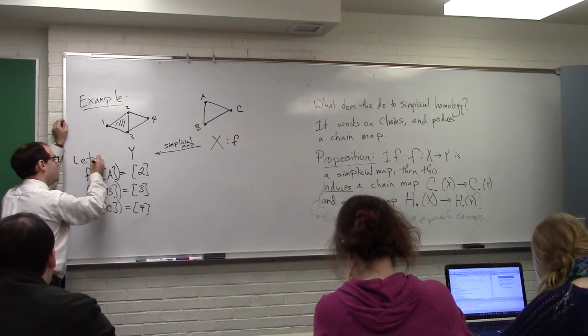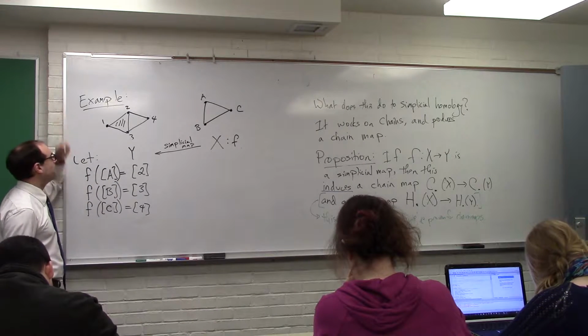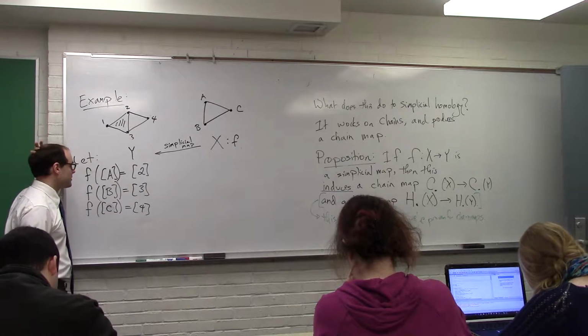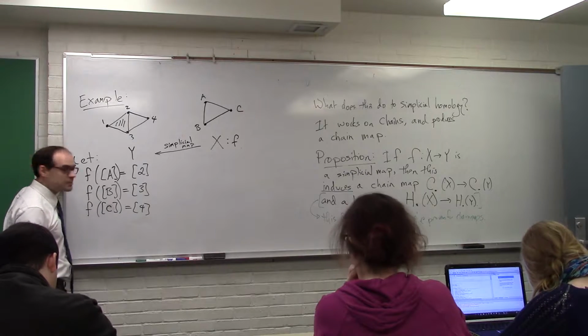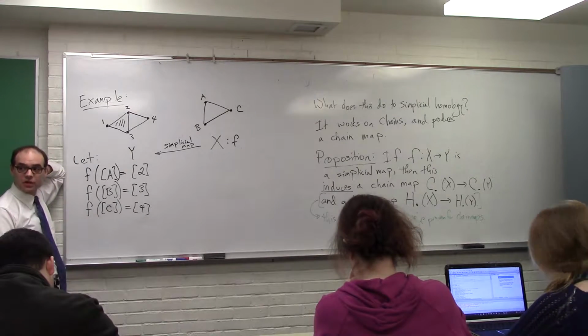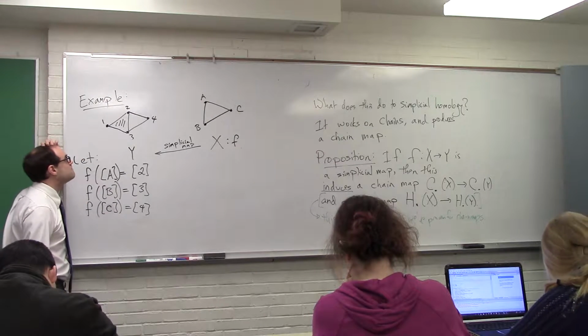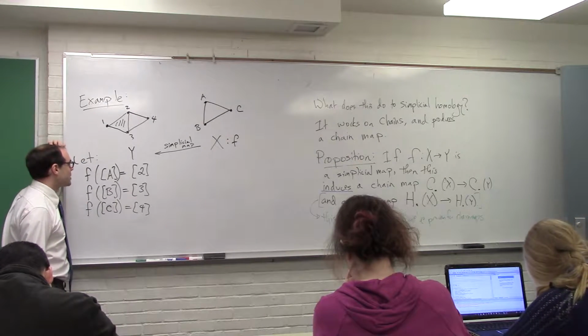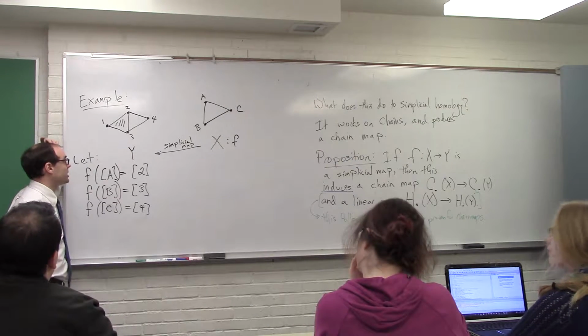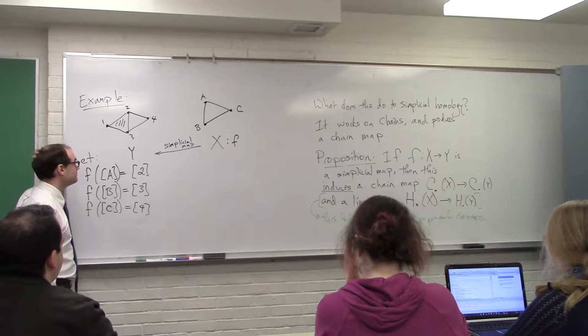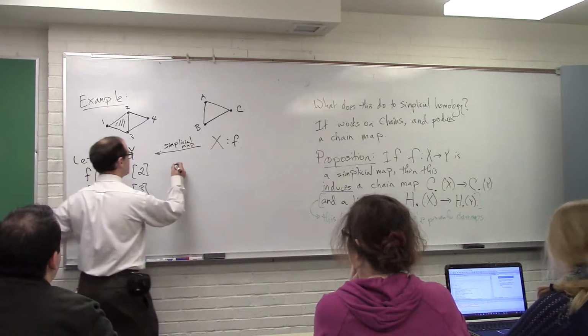Now, once I've specified this amount of information, the axioms of simplicial map drag everything else along for the ride. First of all, I have to take my edges to edges, and I've got to preserve the face relation. So would AB go to 2, 3? AB goes to 2, 3, precisely.